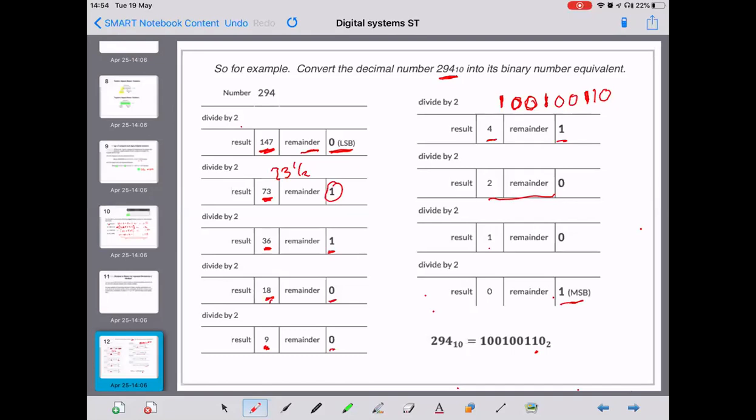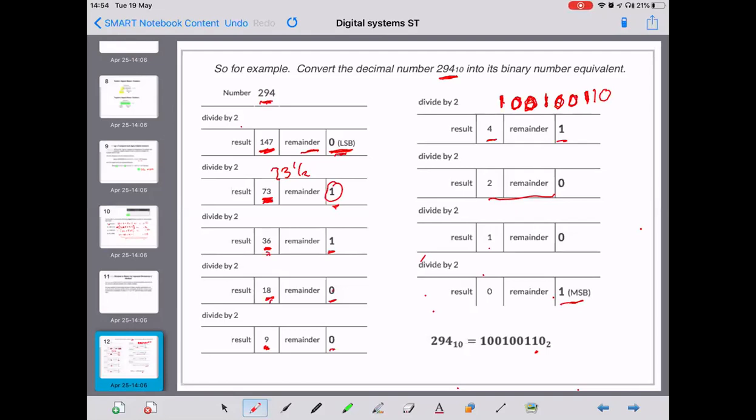No more significant bits. So by that method of continually dividing by 2, all you're really doing is saying, is it even or odd? If the number's even, you get a 0. If the number's odd, you get a 1. Even, 0. That's odd, 1.